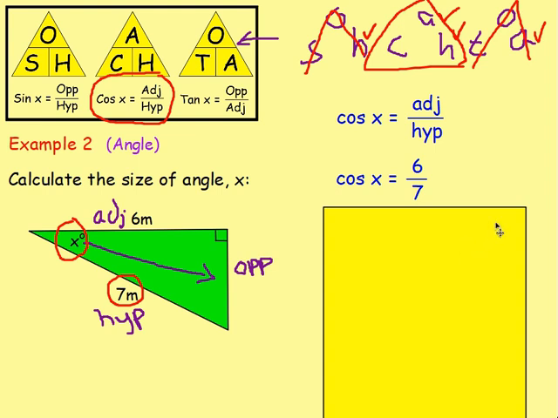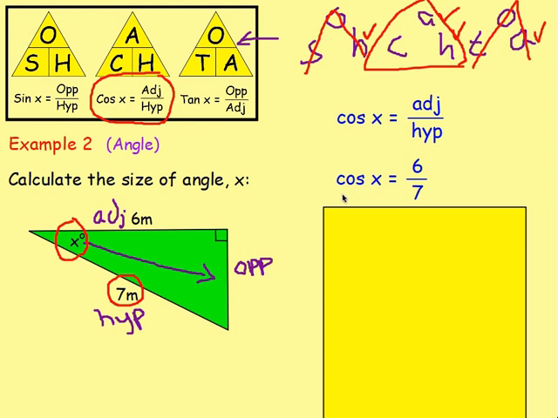But I prefer just leaving it as 6 over 7. The reason is I don't have to write down a big string of decimals, and I definitely don't want to round it because I'll throw the final answer out slightly. So I'm just leaving it as 6/7. But that's what cos x is. What we want is to get x just on its own. So how do we get rid of cos?